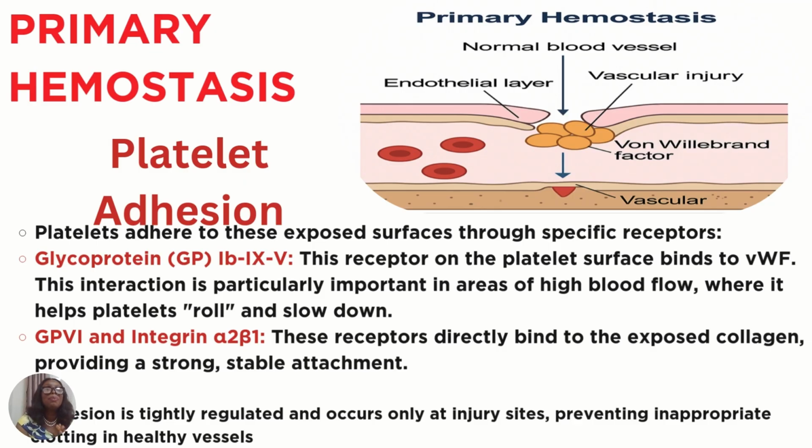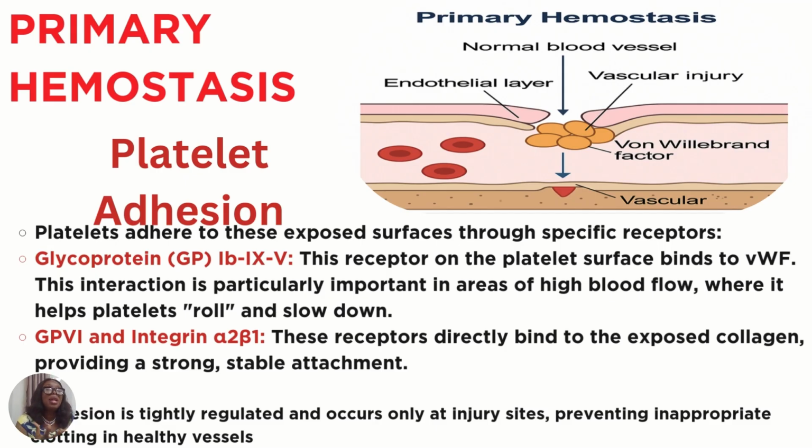This interaction is particularly important in areas of high blood flow, where it helps platelets to roll and slow down. Another platelet receptor is glycoprotein 6, and integrin alpha 2 beta 1. These receptors directly bind to the exposed collagen, providing a strong, stable attachment.